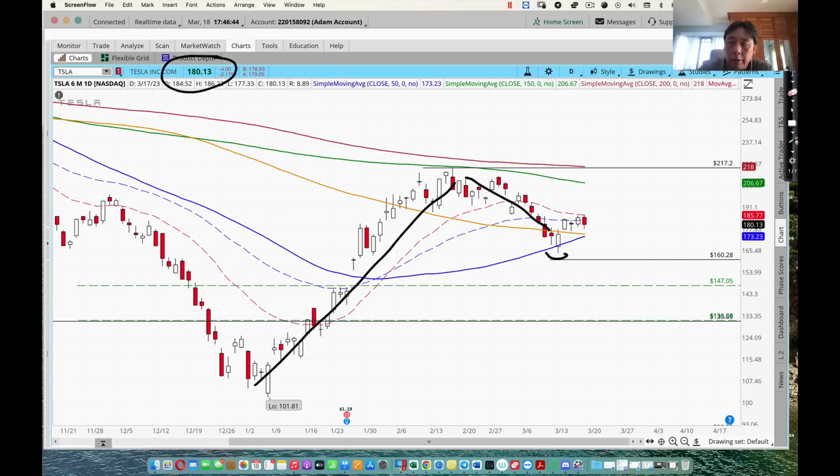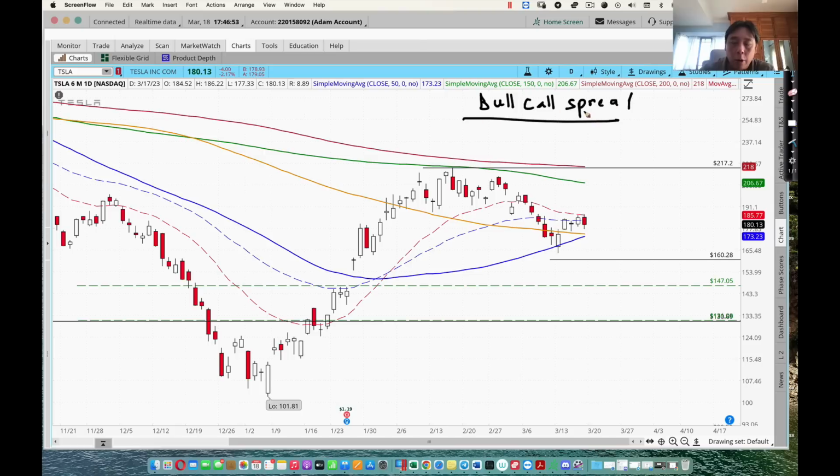Okay, so in a bull call spread, let me write this down, bull call spread, we are going to simultaneously buy a call option near the current price, and simultaneously sell a call option at the target price, where we think the price is going to hit within a certain time period.